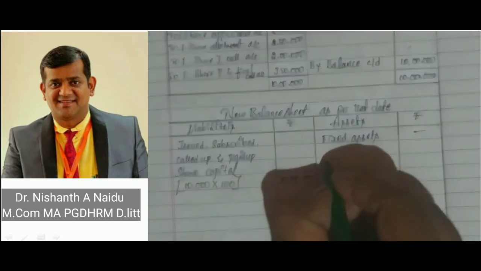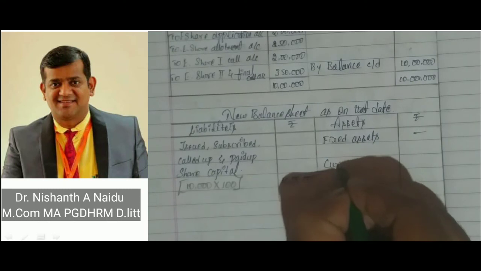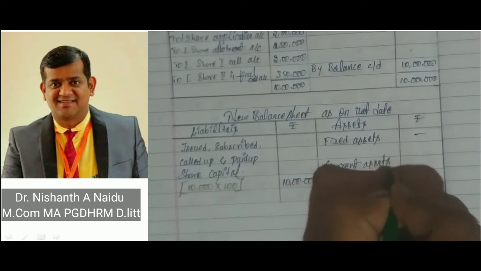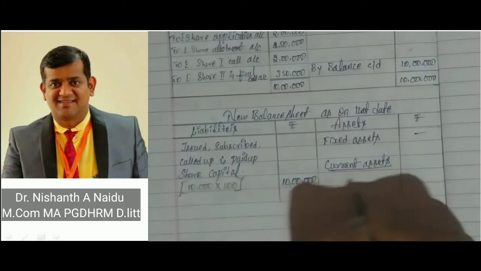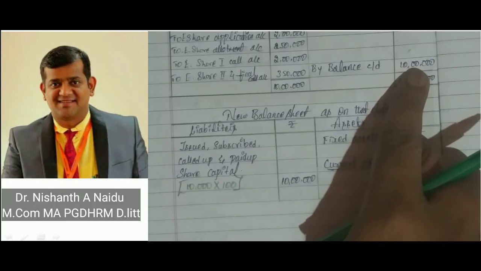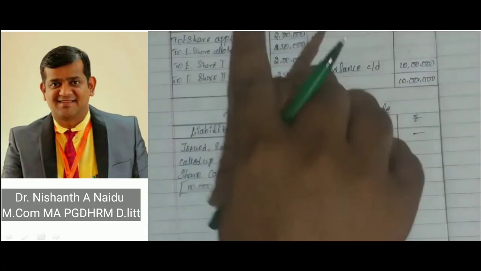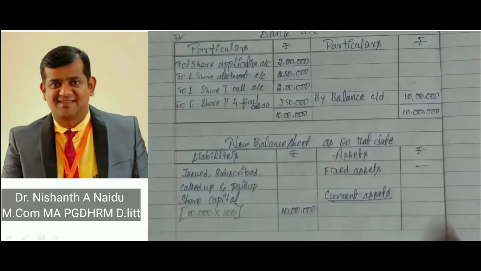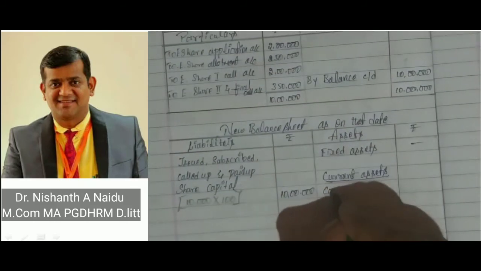So, now let us move towards current assets. Do we have current assets? Yes, cash in hand or cash at bank is a current asset. How much money I have in the cash at bank? See, this is a bank account. So, how much money I have in the bank? 10 lakh rupees. So, copy this.